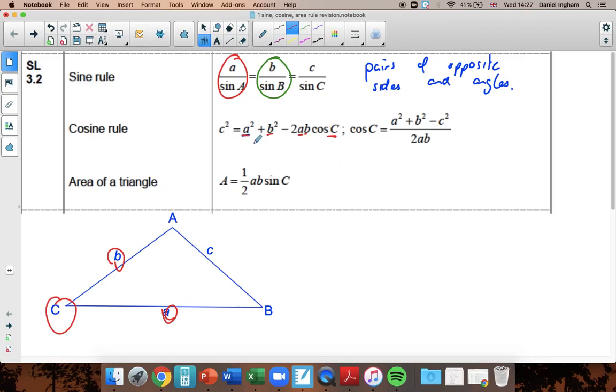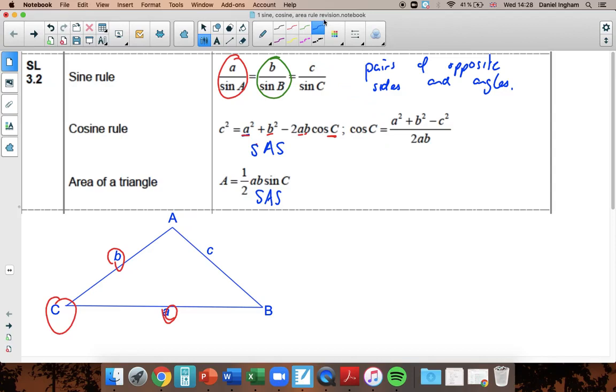And so you can use this one if you have got SAS. And also the area of a triangle, half ab sine C. So these two are both when you've got SAS.